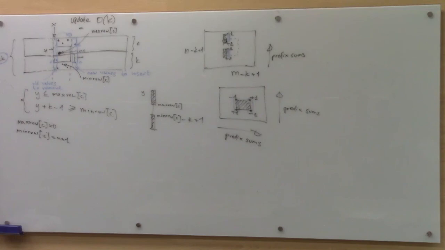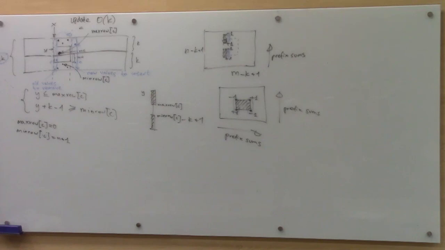So we will partition our whole rectangle into the strips of size 2k, where the first strip will start at row 0, the second strip at row k, the third strip at row 2 times k, and so on.